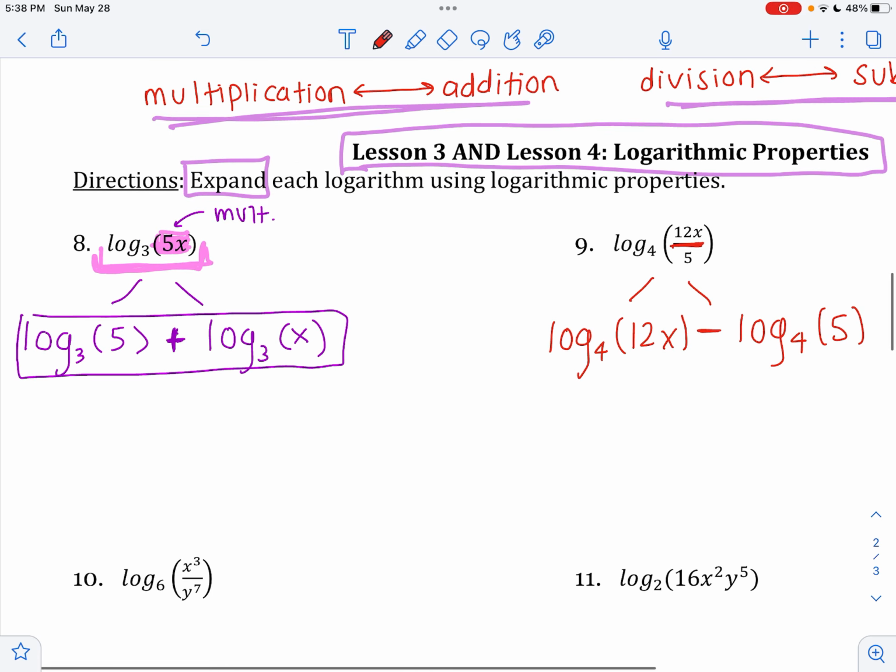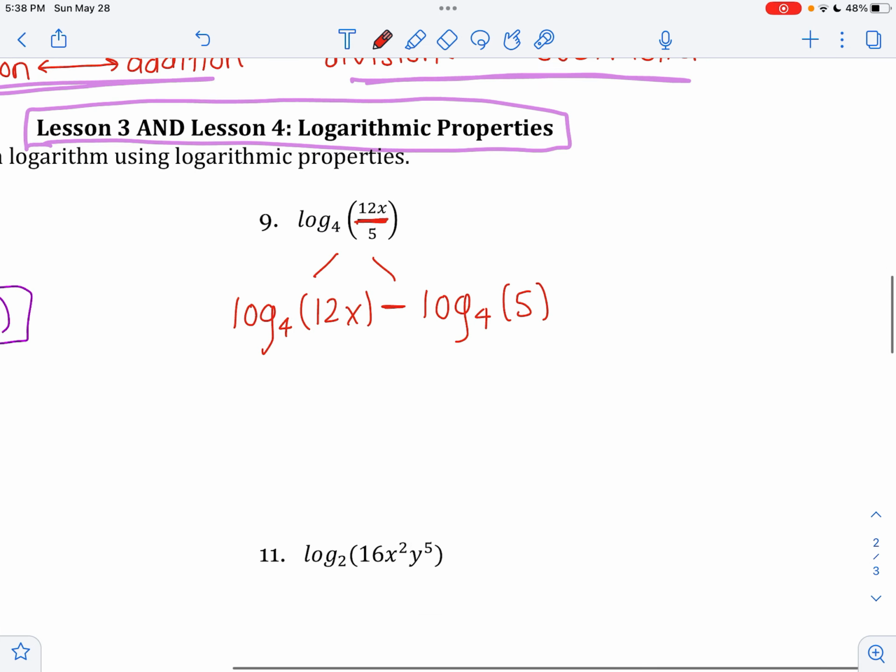Notice here how I just have one number in each parenthesis. Okay, here I have one number in the last parenthesis, but I have 2 numbers here, right? Or not 2 numbers, but like a letter and a number. So I have to split both of these up. I still have to split that up. So this is going to be log base 4 of 12, remember that this is being multiplied.